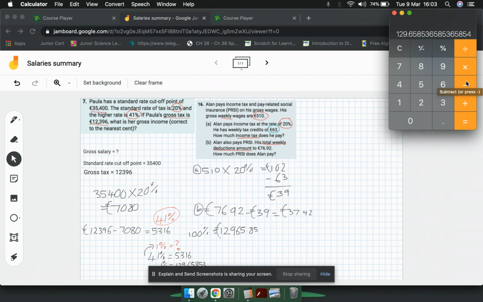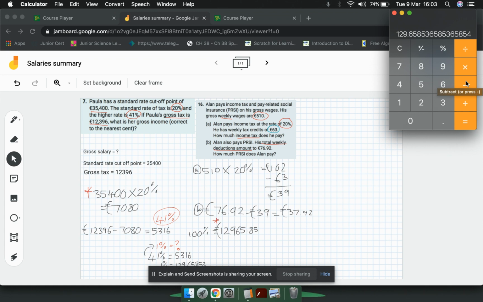So now what we want to work out is her actual gross income. So you take your income that was charged at 20%. She has 35,400 euro definitely, and the income that was charged above the standard rate of tax, at 41%, is 12,965.85.